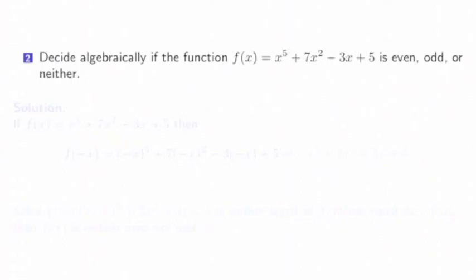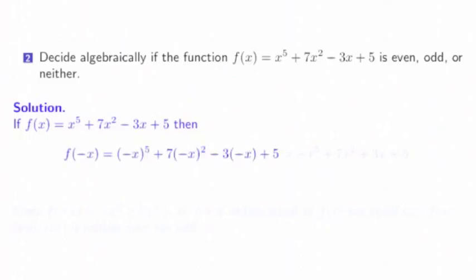One more. f of x is this expression. Let's decide if this is even, odd, or neither. Given my function, I can plug in minus x for x. I have minus x to the 5th power plus 7 times the quantity minus x squared minus 3 times minus x plus 5.